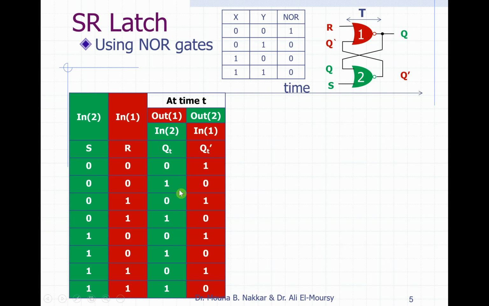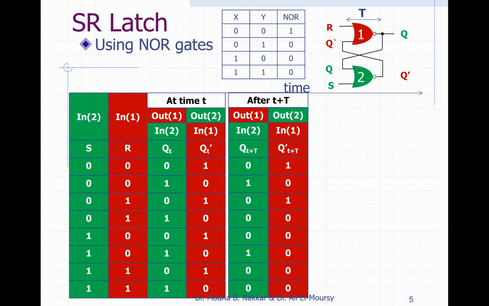Those are all possible combinations of the 3 inputs for the circuit. As we agree, Q bar is the complement of Q. Now, to analyze the circuit, we want to derive the truth table for the outputs. We have 2 outputs: Q at t plus tau and Q bar at t plus tau.